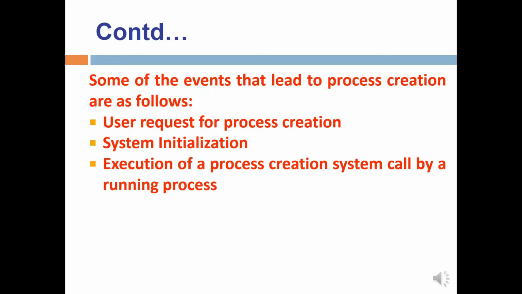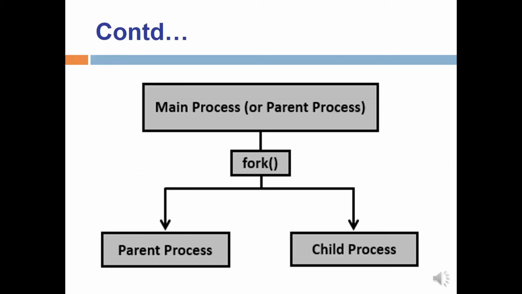We can better visualize the system call with the help of the diagram. The process creation can be achieved through the fork system call. The newly created process is called the child process, and the process that initiated it is called the parent process.